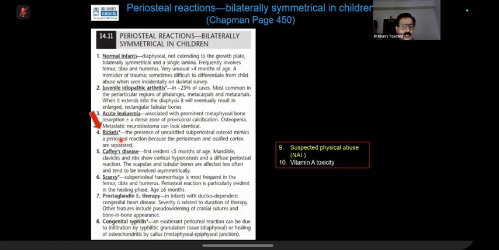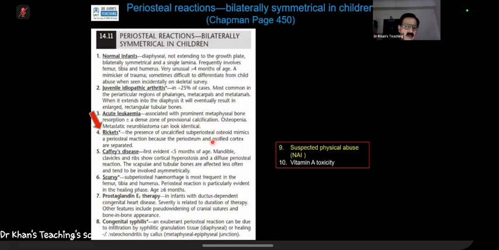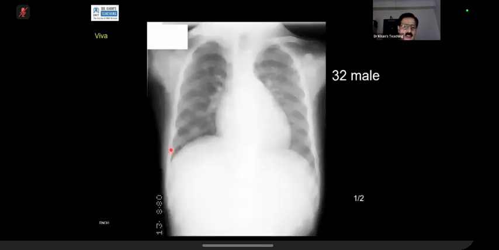So under the periosteum, new bone formation is happening. This is normal physiology. And in rickets, sometimes there is deposition of osteoid which is devoid of any mineral, any calcium. So it gives you an appearance of a periosteal reaction, a mimic. Uncalcified subperiosteal osteoid mimics periosteal reaction because the periosteum and osteoid cortex are separated.